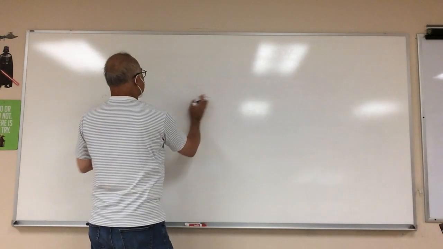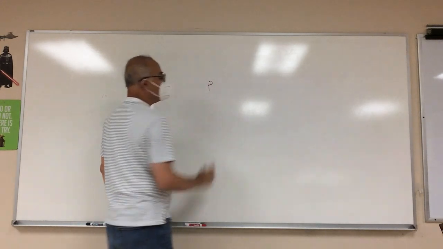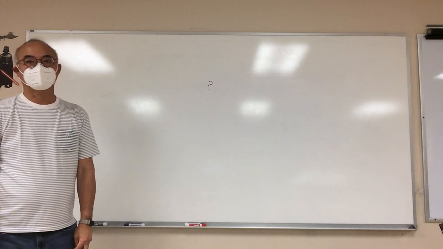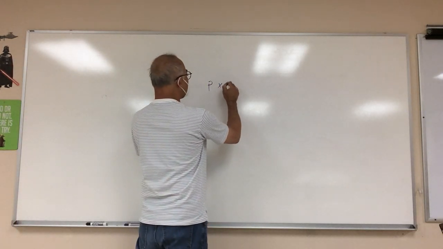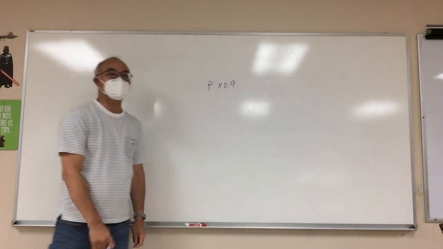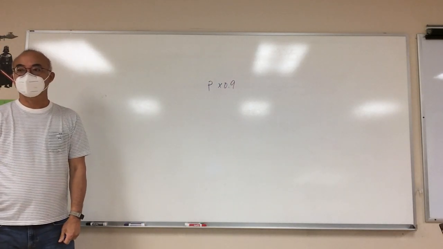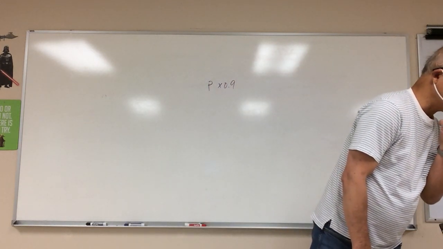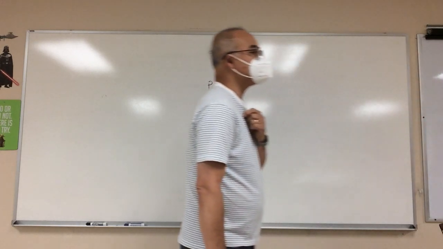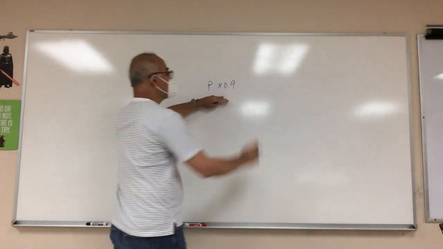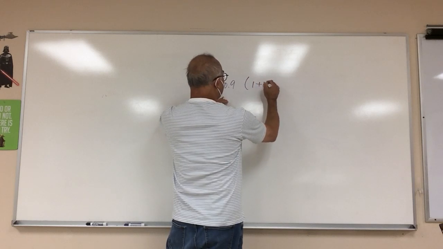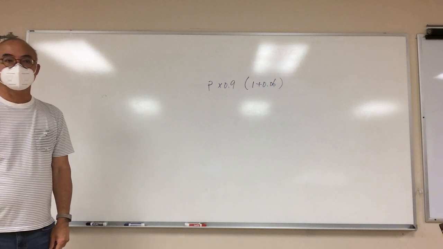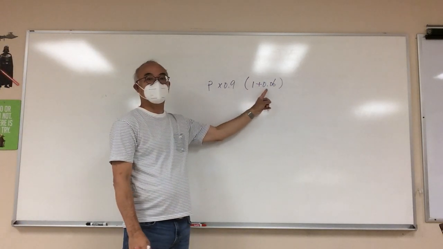The original price is P. All right, this is the original price, and I'm going to discount this by how much? 10%, which means I'm paying 90% of it, right? And then I have to pay what? 6% sales tax, right? So off of this, then I have to pay 6% sales tax.